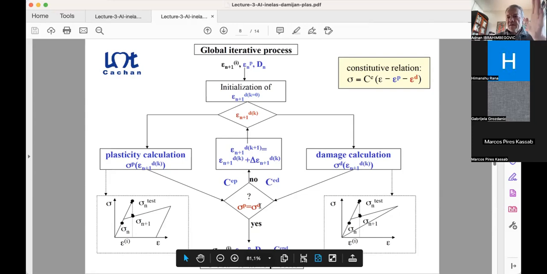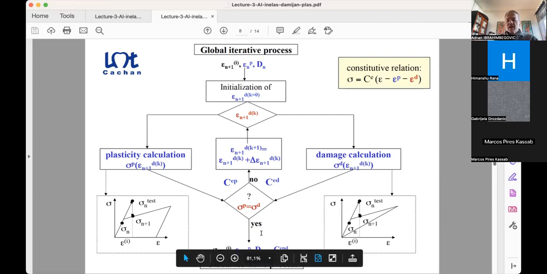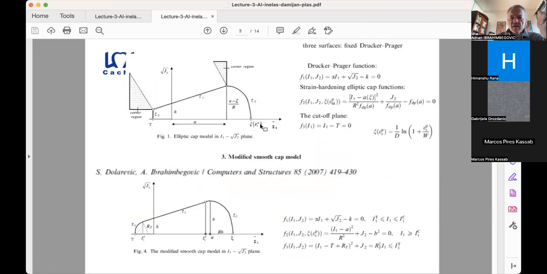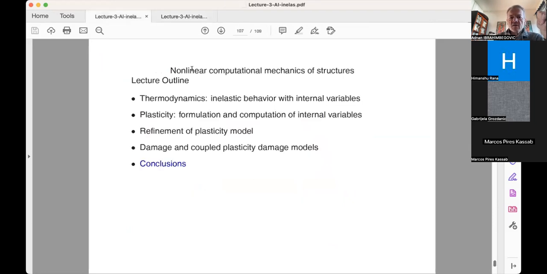And then I compare this value coming from plasticity with this value coming from the damage for the stress. And if the difference between these two values is not small enough, beyond the tolerance that I choose, then I have to do another iteration of the damage strain, which follows from the computation that we've done here.